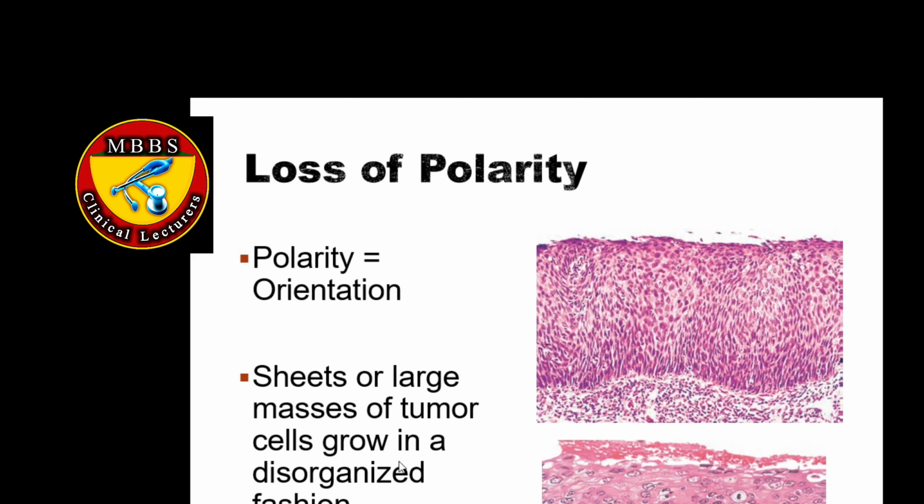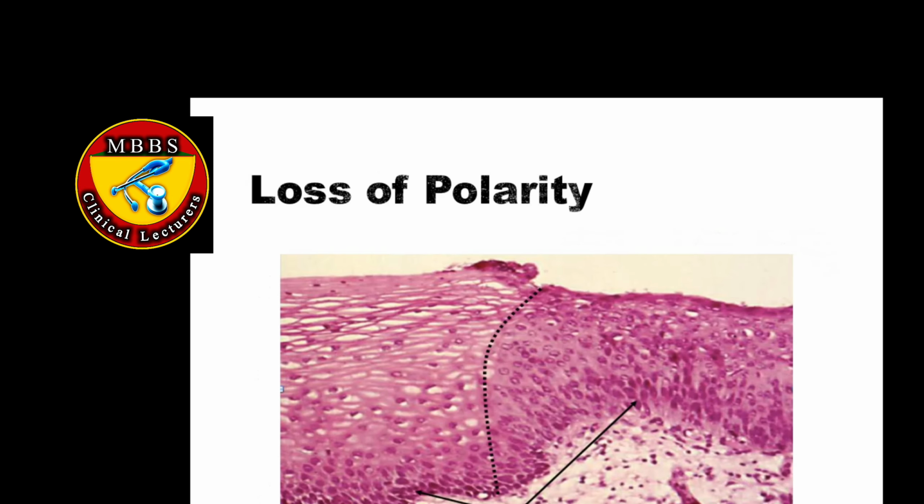So sheets and large masses of tumor cells grow in a disorganized fashion, and this disorganization is known as loss of polarity. So again, you can see in one picture stratified squamous epithelium with all its normal lining layers, and in the other half on the right side of the picture, you can see disorganized growth with lack of organization or orientation.